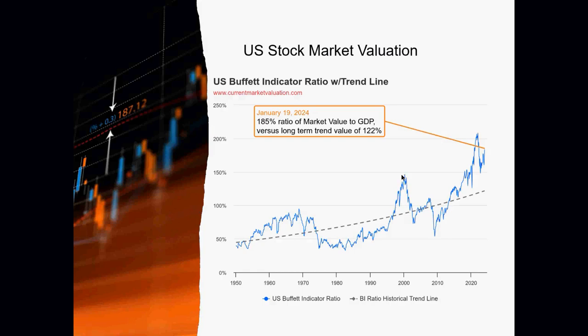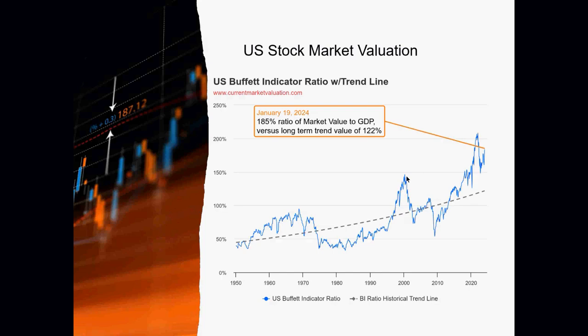So the market value of the stock market was nearly 150% of GDP in 2000. And you can see when this indicator is overbought, because there is a big gap between the blue line and the dotted line, as you can see in 2000.